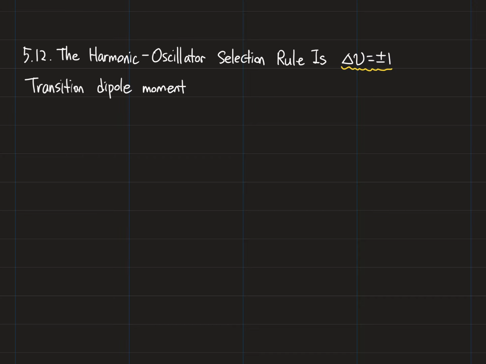So we want to calculate the probability that the oscillator makes a transition from state v to v prime, and this is proportional to the square of the integral of the dipole moment operator.